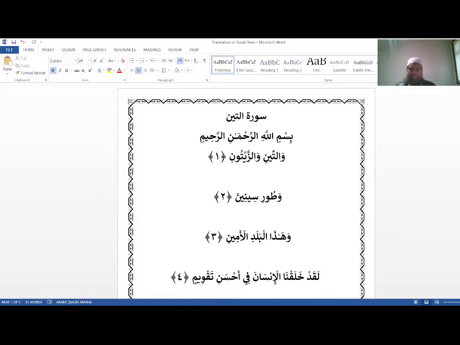See, there's Alif Lam here. We've learned one of the uses of Alif Lam is to make Ism Nakira into Ma'rifah. This is the top number 1 usage of Alif Lam, to make any Nakira Ism into Ma'rifah.